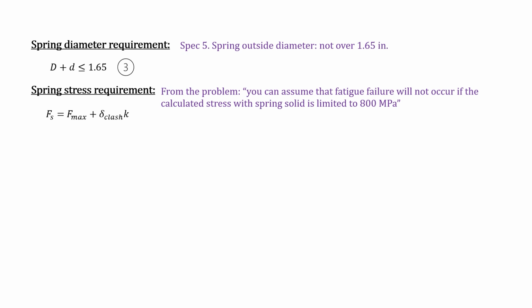That's just the displacement of your clash allowance times your spring rate K. If we sub in these values, we have everything here. 90 came from one of the earlier specifications, just a maximum of 90 pounds. And so you end up with a spring force of 100.27 pounds.